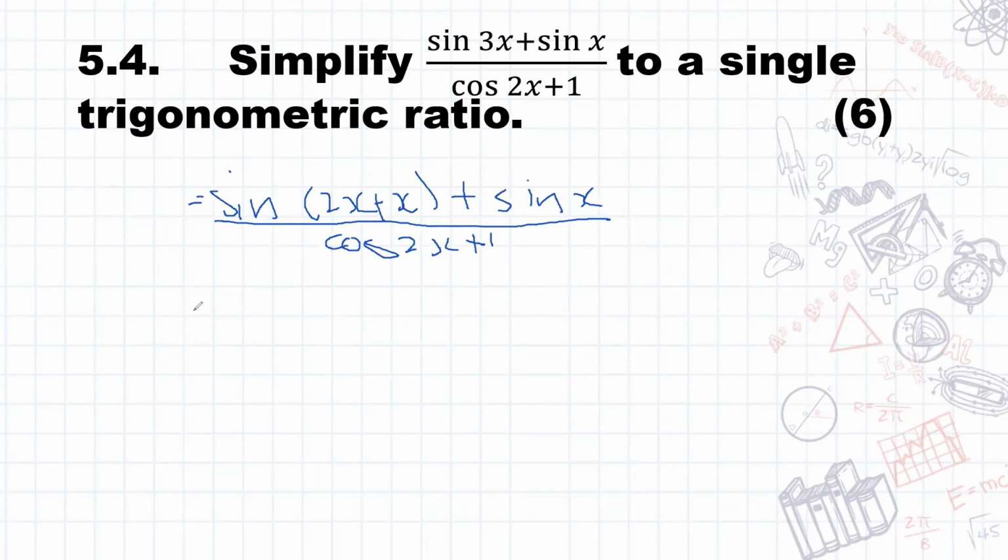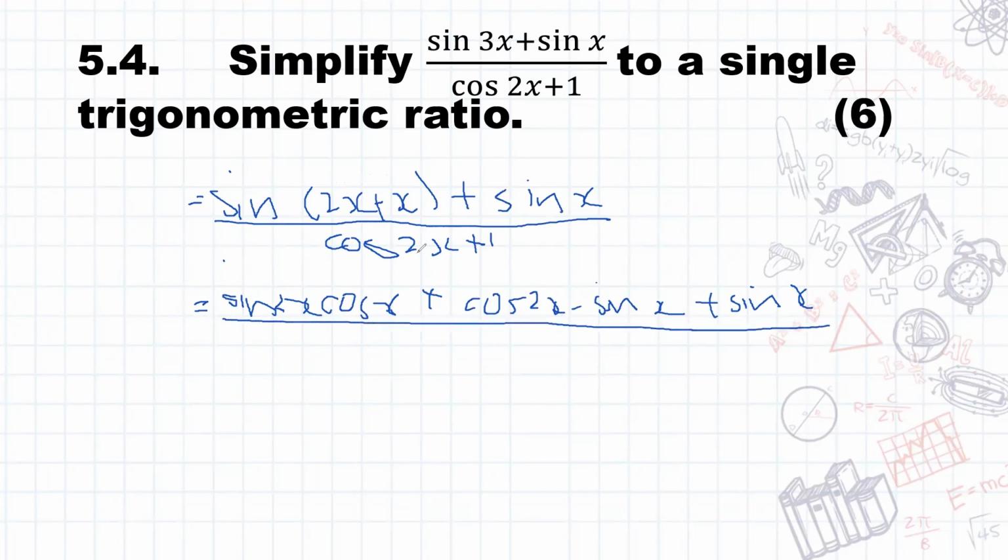So if we follow the rule that we used in 5.3.1, we'll have sine 2x cos x, right? Plus cos 2x sine x plus sine x, all over.